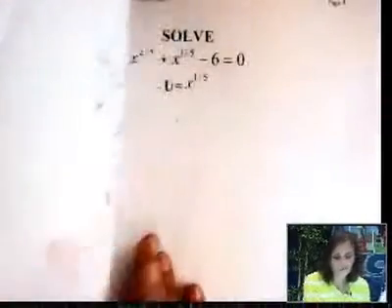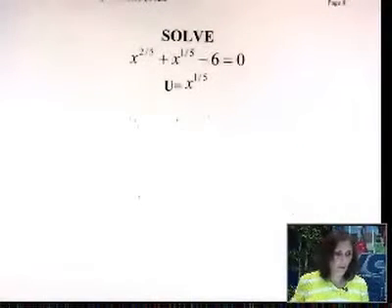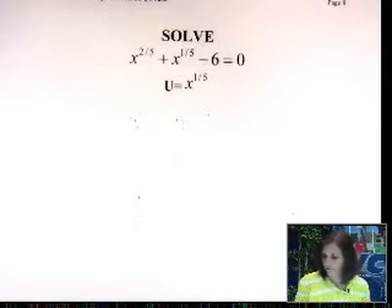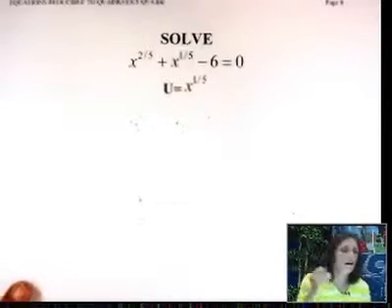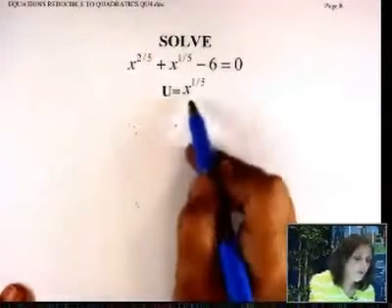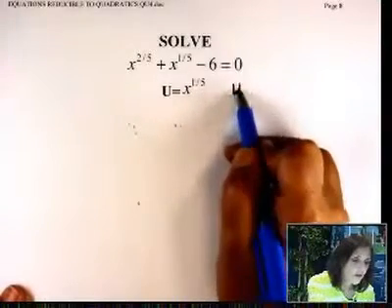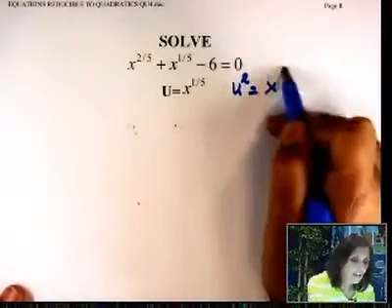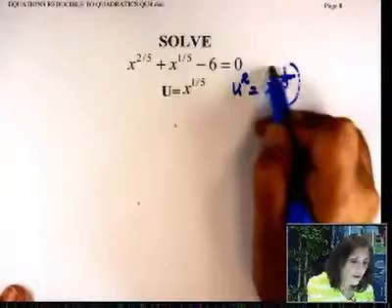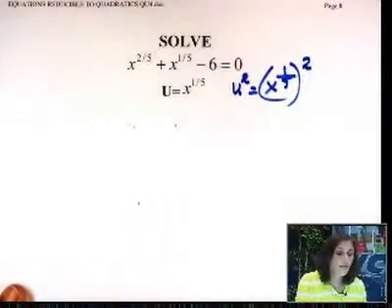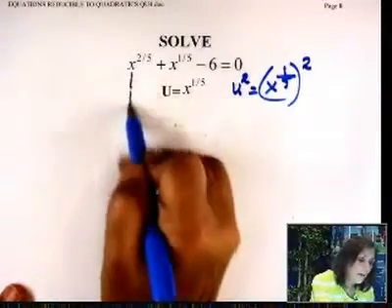All right. Let's do this problem. What does this mean? This means u equals x to the 1/5. U squared is going to be x to the 1/5 squared, x to the 2/5. Well, let's put it back.